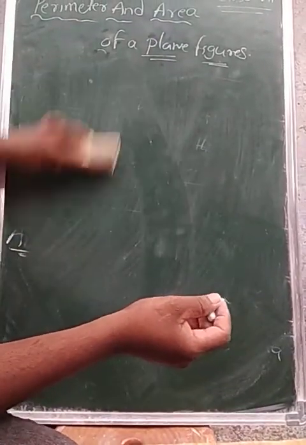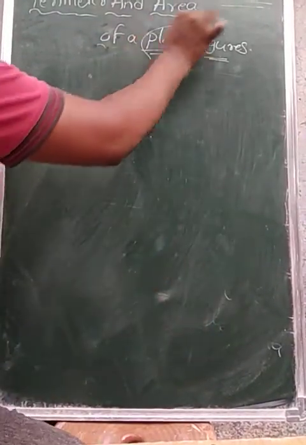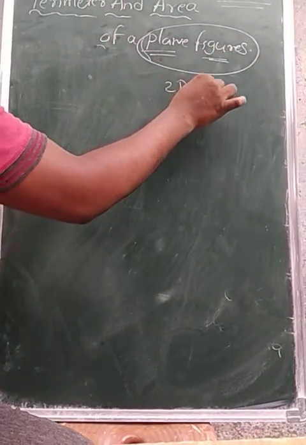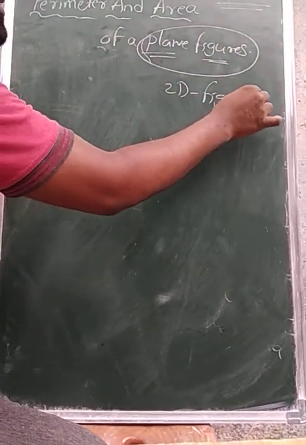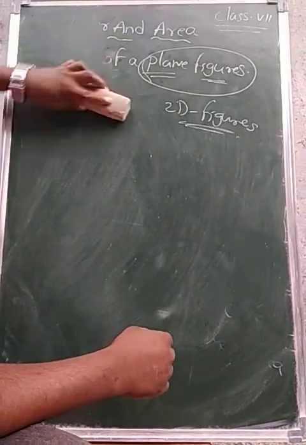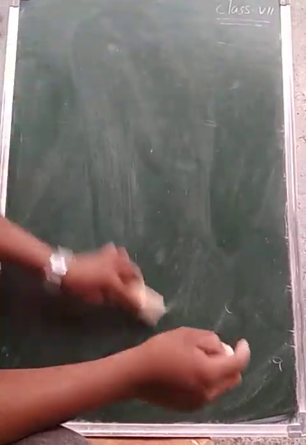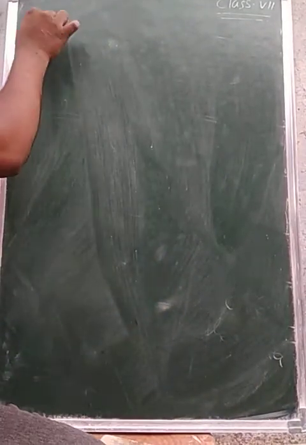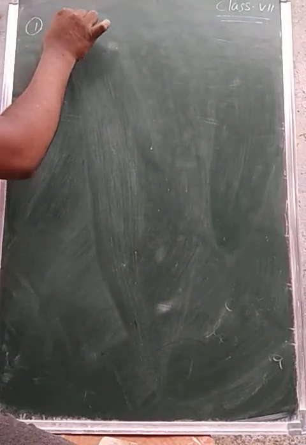For example, I'm taking the plane figures, that is, 2D figures, two-dimensional figures. Now see some of the plane figures here. First one, square.